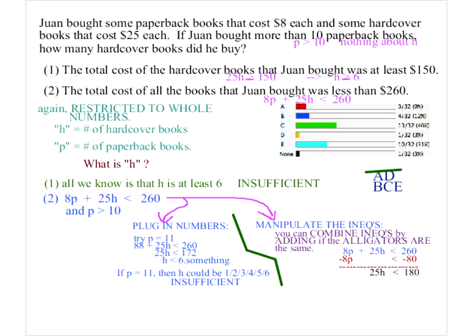Notice, now, there's a problem here, which is that this is not guaranteed to be all possible solutions because this ignores the fact that we're dealing with integers here, because of the restriction.